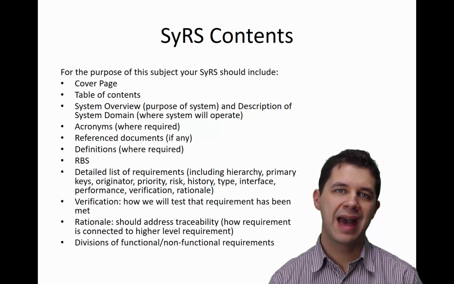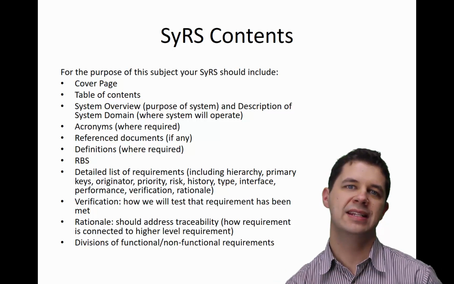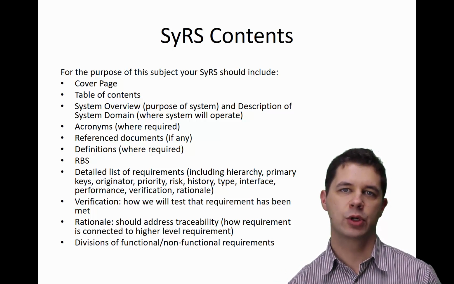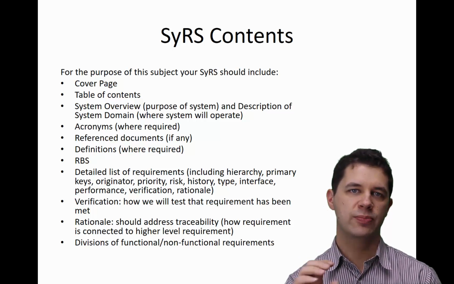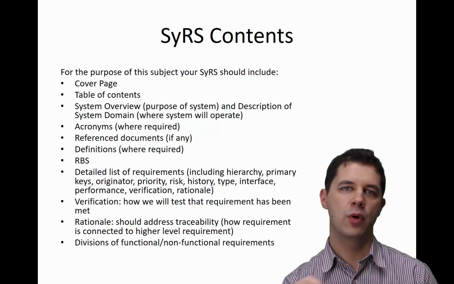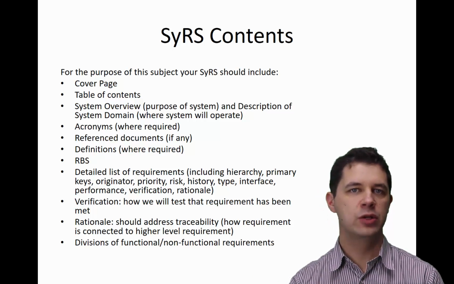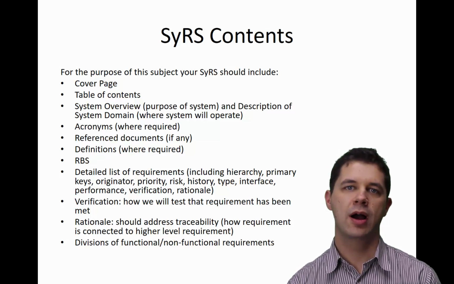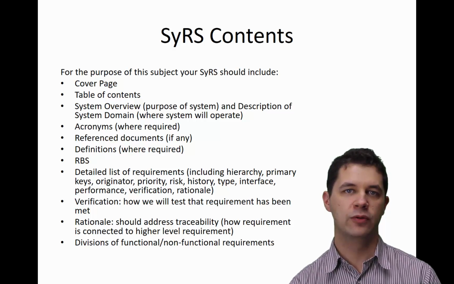Now, supplementing that, because that only basically gives us a view of the requirements, it doesn't go through all the detail of the requirements, we need a detailed list of the requirements, including things like the hierarchy with the naming structure with primary keys and requirement 1 and 1.1 and so on. The originator of the requirement, where it came from, the priority, risk, the history of that particular requirement, the type and the interface, what it actually physically would maybe revolve around.